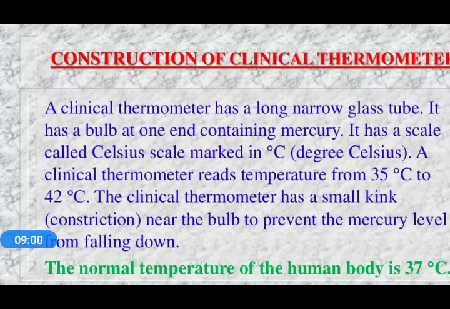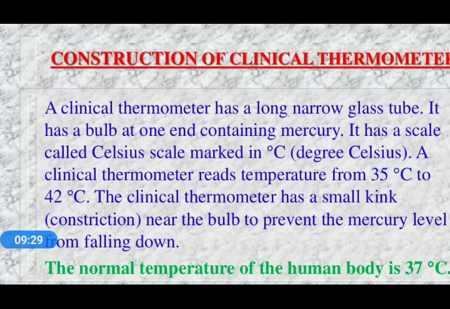The clinical thermometer has a small kink near the bulb to prevent the mercury level from falling down. That is why the kink plays a very important role. What is the reason we construct a kink in a clinical thermometer? Because it prevents the mercury level from falling down.